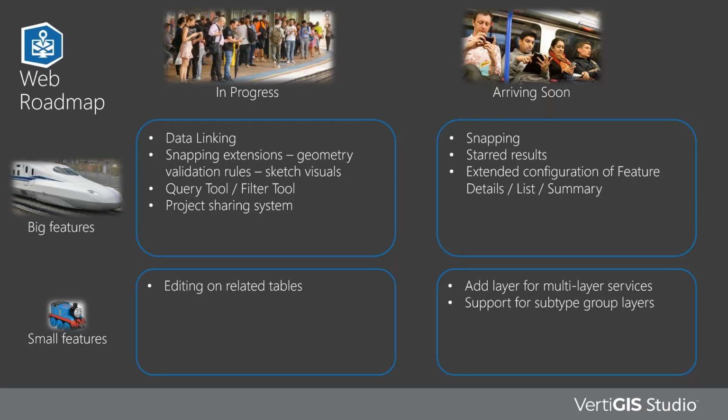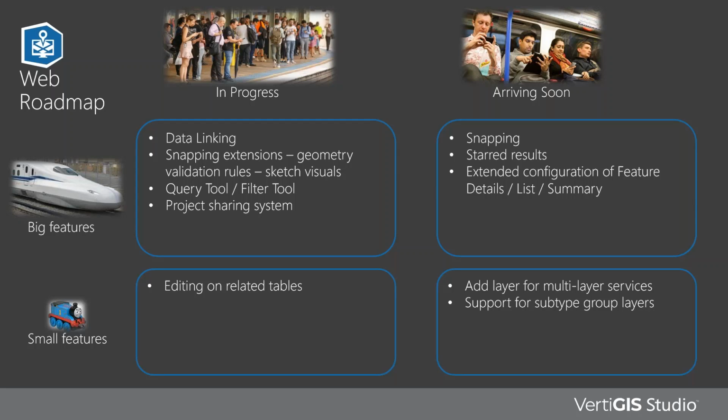So what's in progress? Data linking is so very close to being done, but wasn't done enough to make 5.21. We've got more work planned on snapping, so there's going to be some additional extensions to the out-of-the-box snapping experience. We've broken this into two pieces on purpose. Many of you are just looking for the basic out-of-the-box snapping.